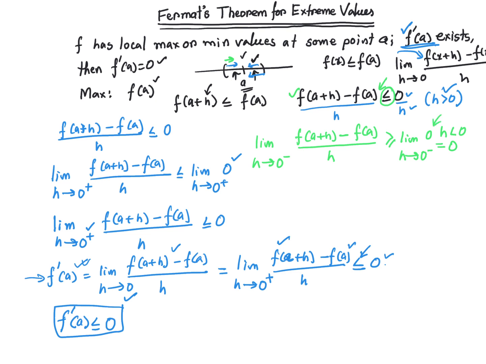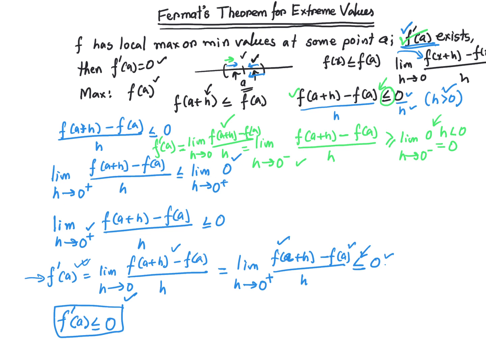So now if I were to rewrite it, kind of extend it just to save time, I'm going to say this is the same as limit h approaches 0 of f of A plus h minus f of A divided by h. This is equal to f prime of A, because the derivative exists at point A, so the left limit and right limit must be equal, and it must be equal to the actual limit.